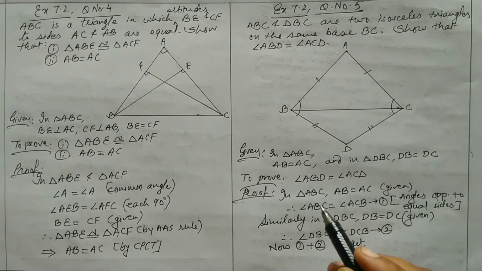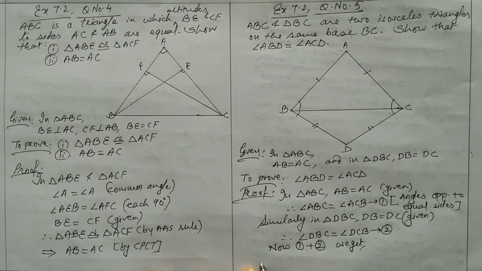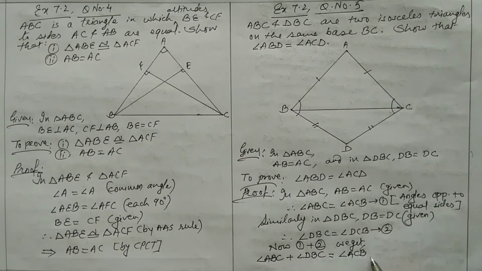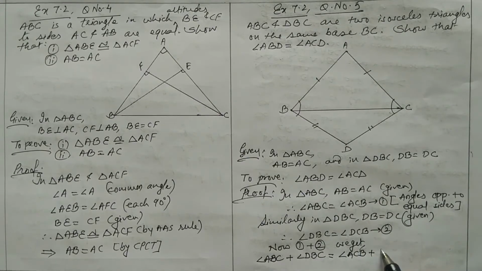On adding 1 plus 2, we get angle ABC plus angle DBC on the left side, equal to angle ACB plus angle DCB. So you can see the figure.